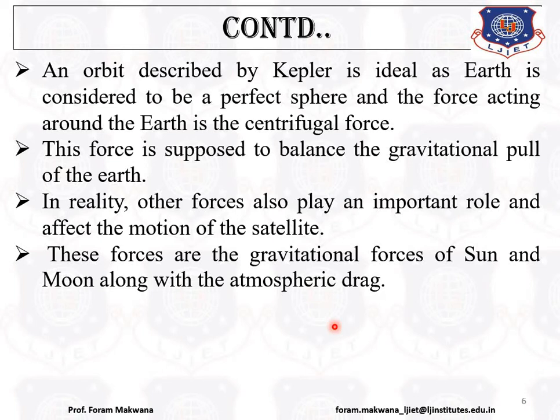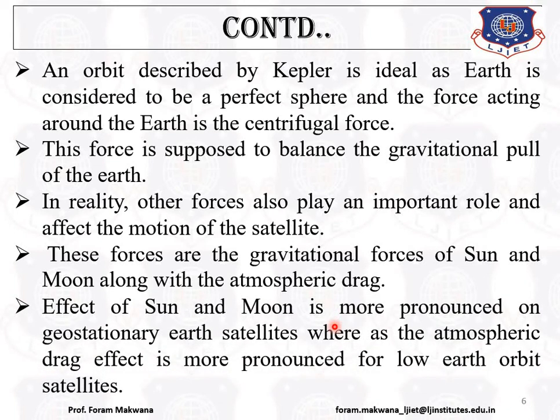Apart from the gravitational force of Earth, the gravitational force of Sun and Moon along with the atmospheric drag will also drift the orbit. How? That we will discuss in the next slide.